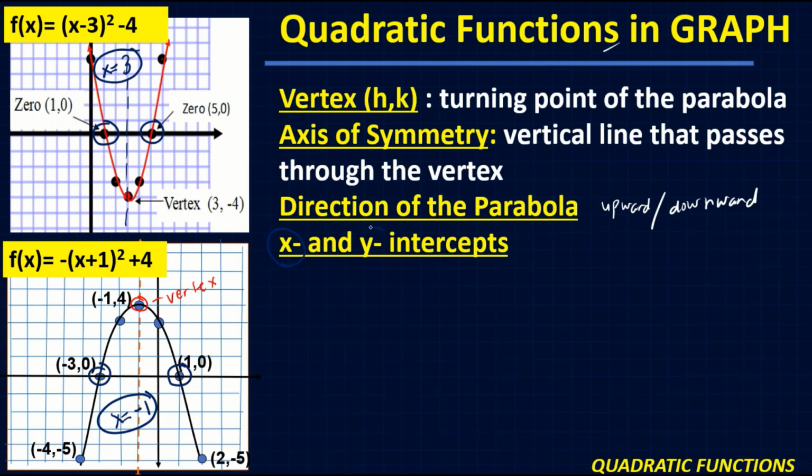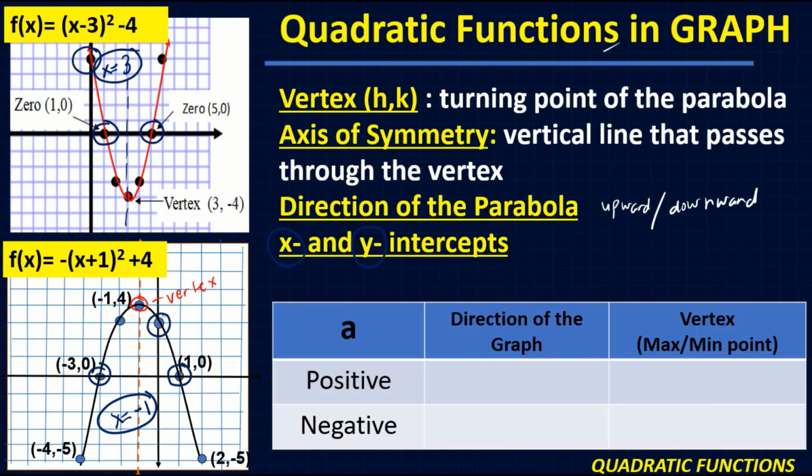We have also the y-intercepts. Sa y-intercept, there is only one y-intercept dun sa quadratic functions. So, in the first graph, ang ating y-intercept ay nakay 5. Okay? And then, doon sa second graph natin, ang y-intercept ay nakay 3.